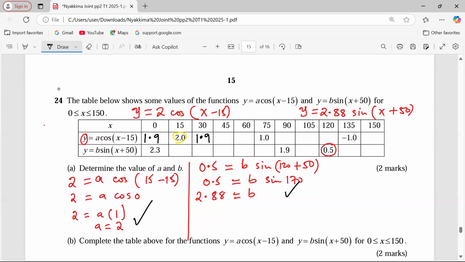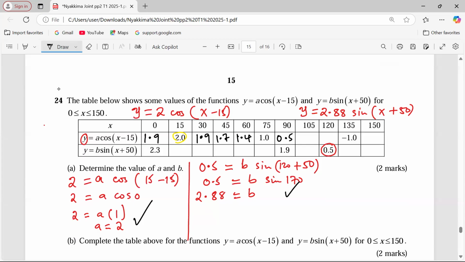Then we go to 45, whereby we need 2 cosine of 45 minus 15. There we'll get 1.73, so 1.7. Then at 60, it will be 2, the cosine of 60 minus 15, giving us exactly 1.4. Then at 90, we talk about 2 cos 90 minus 15. This will give us 0.5.